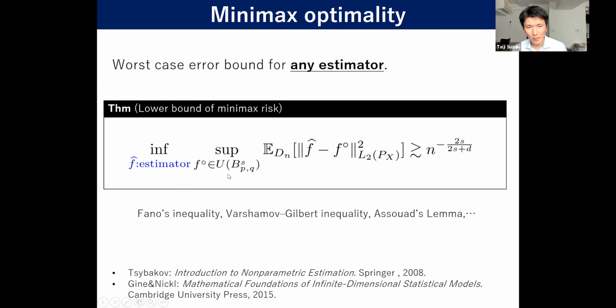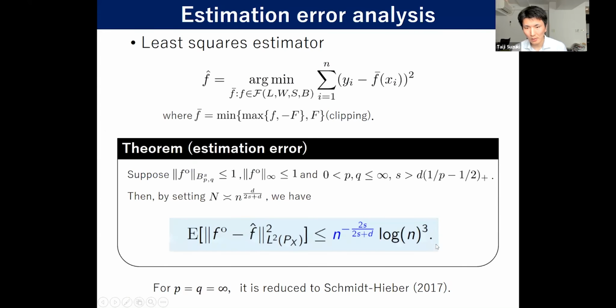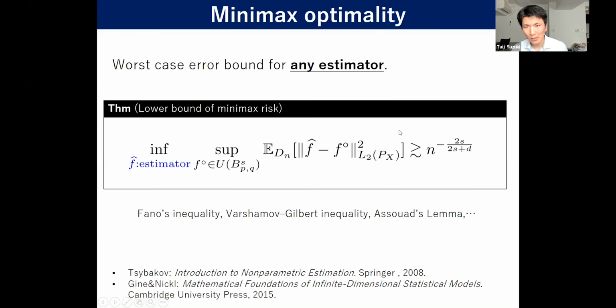In this set, we take the worst case error. This worst case error is lower bounded by n to the minus 2s over 2s plus d. You can see that this lower bound is the same as this upper bound up to some polylog n orders. If you neglect the polylog n orders, this upper bound is the same as this minimax optimal rate.